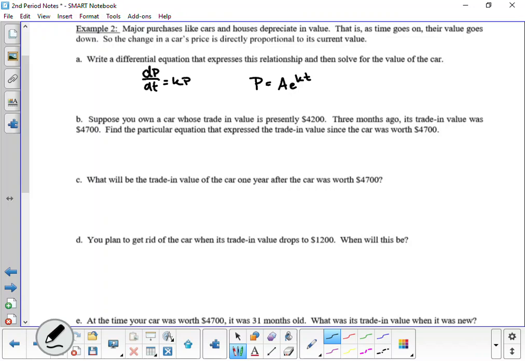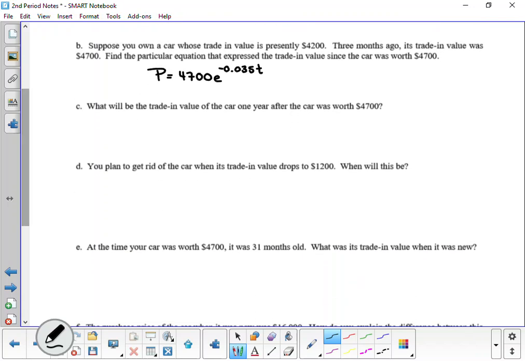And so your formula for part B should have been P equals 4,700 e to the, what was your k, t. And so if your k is negative, it's going to be exponential decay. And if your k is positive, it's exponential growth.